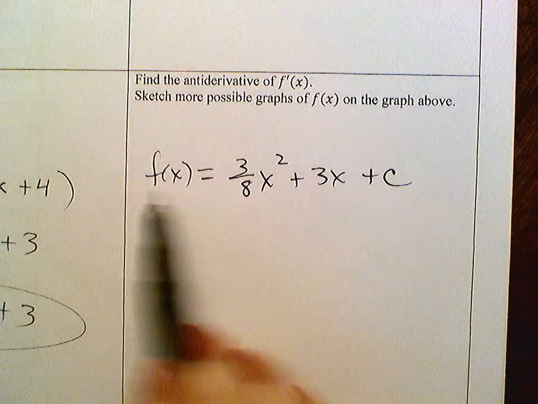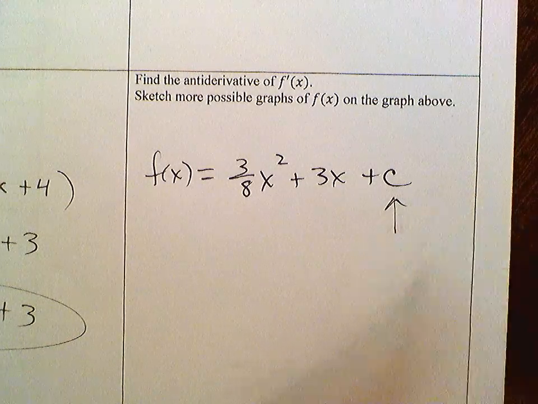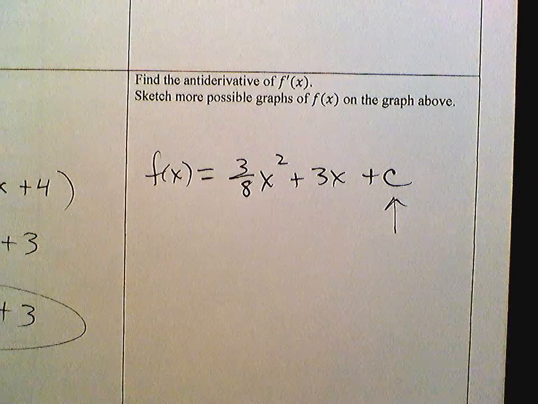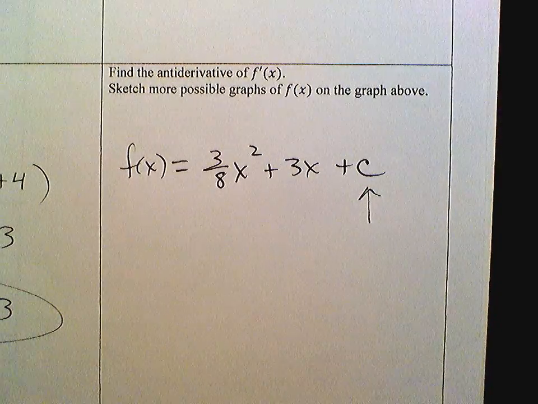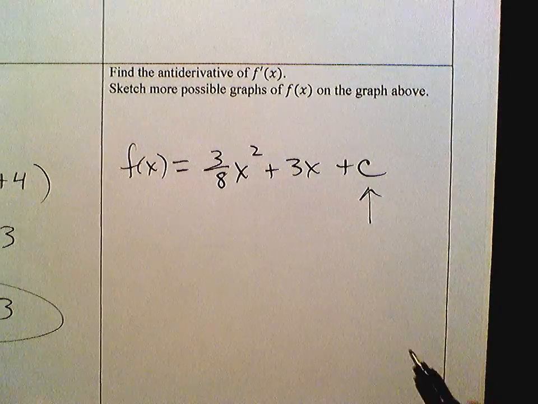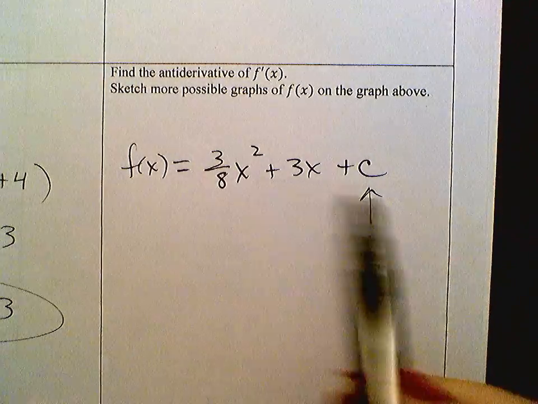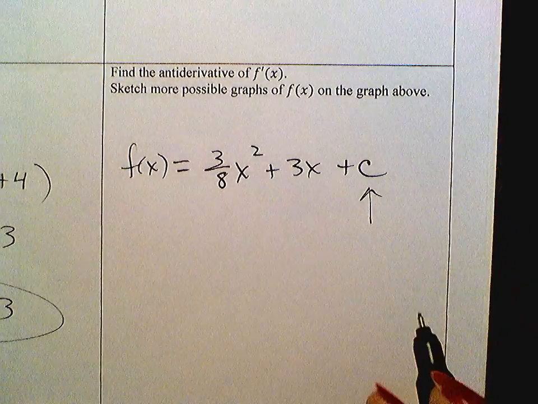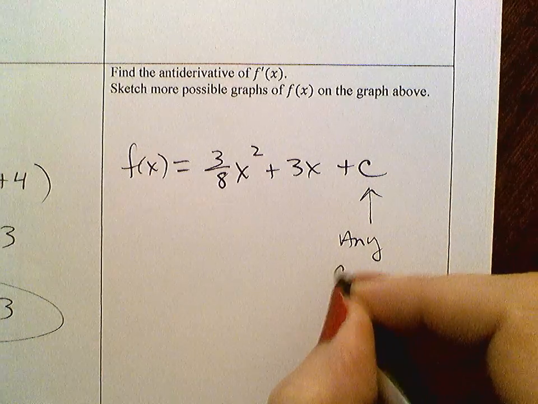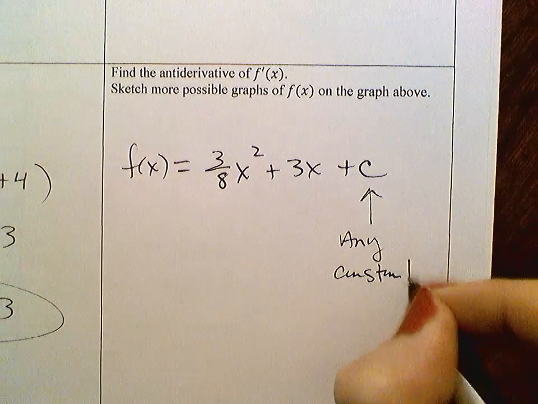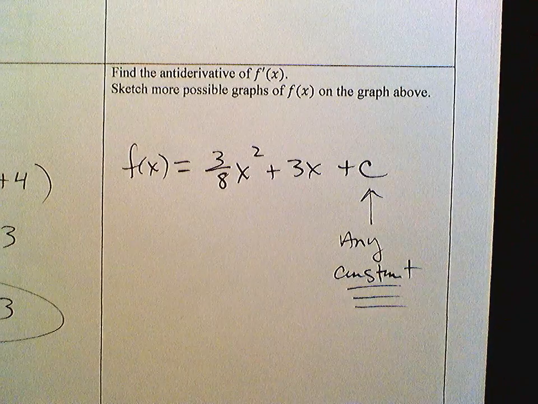But now, guys, remember, when you find an antiderivative, unless you're given an initial condition or a condition that the antiderivative would have to satisfy, like a certain point being on it, this c could be any constant, any one, all right?